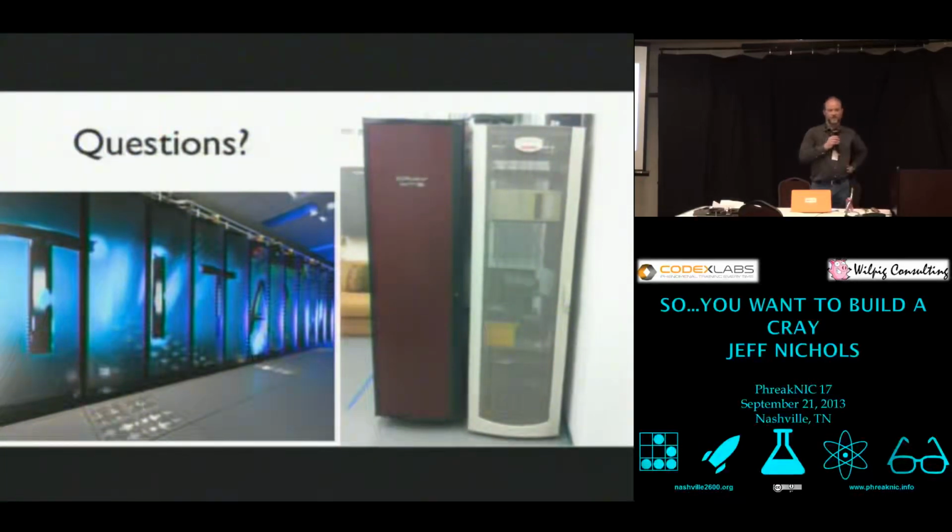Was it EQS or something, the queuing system? The queuing system, Torque and Maui is used. That's partially open source. Cray really has their own queuing system, but it maps just like the open source ones that are available.